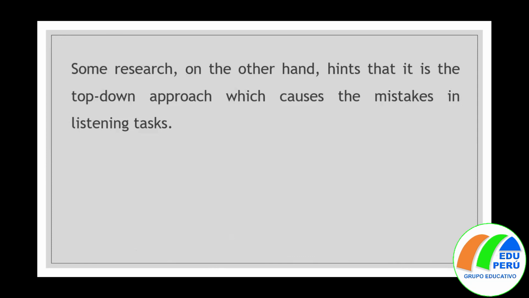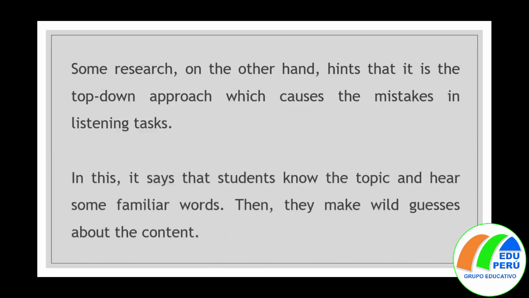Some research, on the other hand, hints that there is the top-down approach which causes mistakes in listening tasks. In this, it says that students know the topic and hear some familiar words. Then they make wild guesses about the content. Notice, the researchers say that in the top-down approach, we can cause mistakes too.